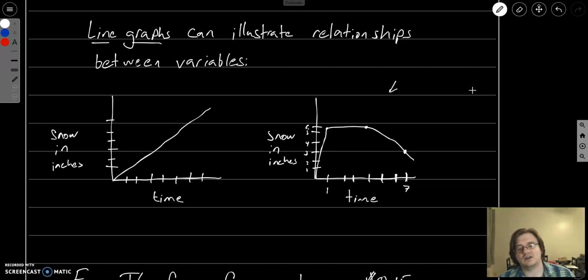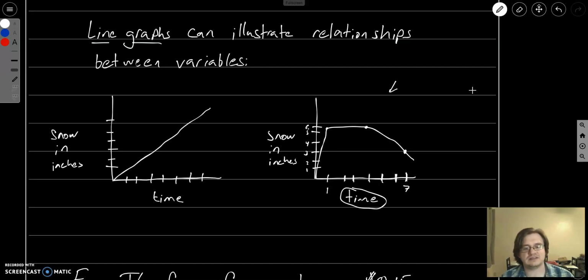So being able to look up the time specifically, and then we can come over and see exactly how much snow there was. Sometimes we'll have to be a little bit careful because, for instance, the number 7 doesn't really refer to a particular day. Is it the 7th of November? Is it the 7th day of the year? So when you're looking at a graph, you have to be careful that you really understand what this is saying.